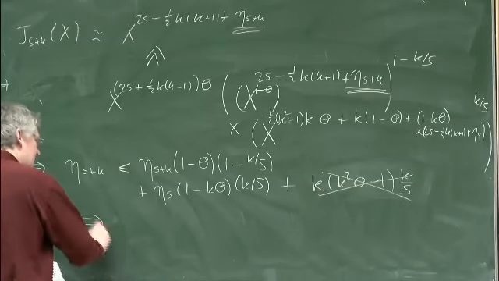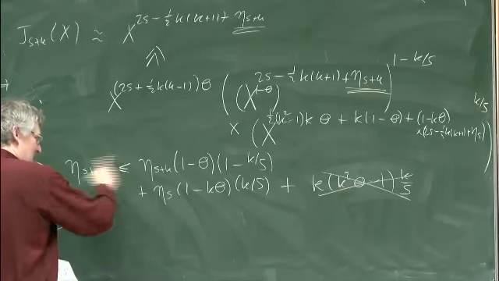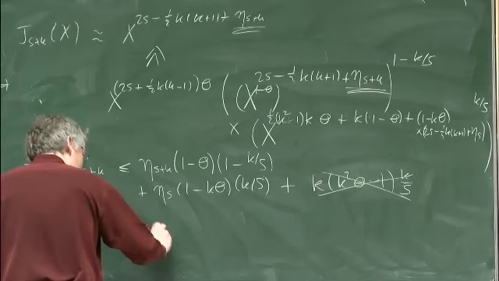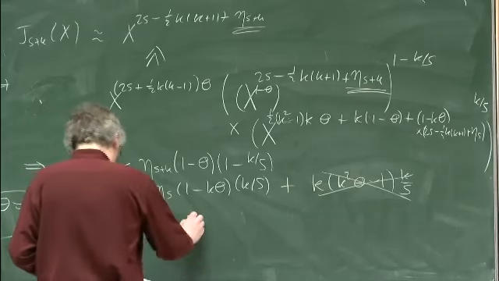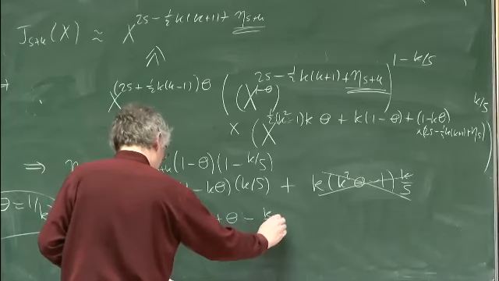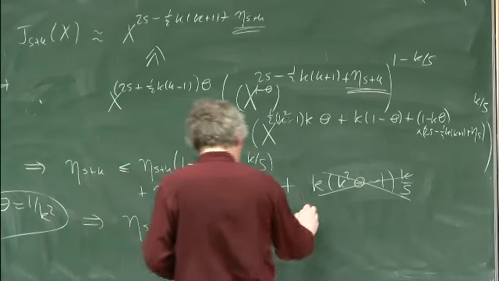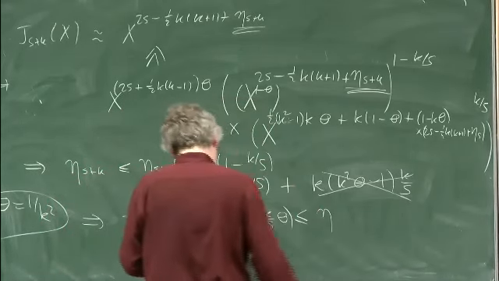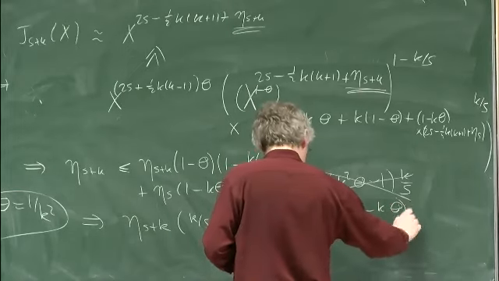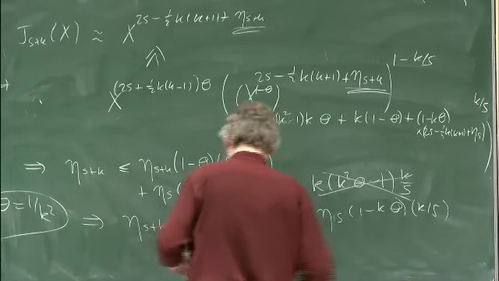And if I play the game of taking this eta s plus k over the other side of the inequality, I get a bound for eta s plus k in terms of eta s, which can be simplified.